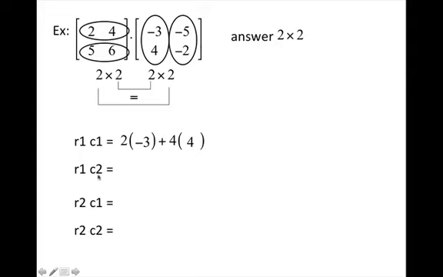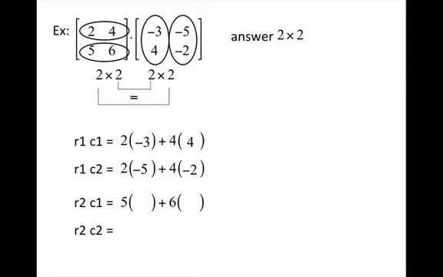For row 1, column 2, row 1 is also 2, 4. So I write the 2 followed by a parenthesis and the +4 followed by a parenthesis. This time I'm going to fill in my parentheses with column 2, which is -5, -2. Now row 2 contains the elements 5 and 6. So I'm going to write 5 followed by a parenthesis and then +6 followed by a parenthesis.